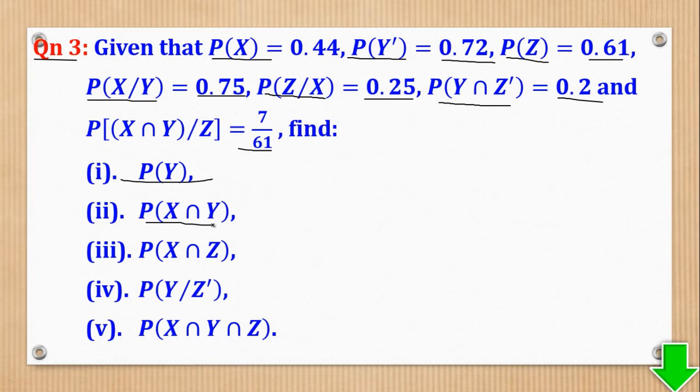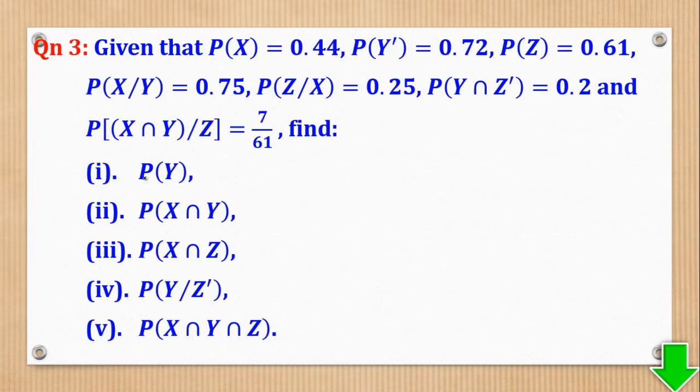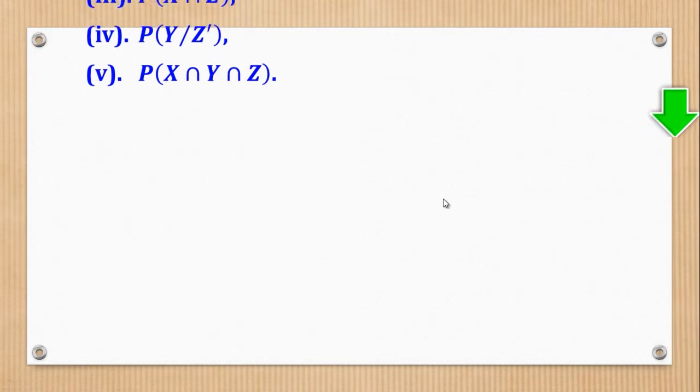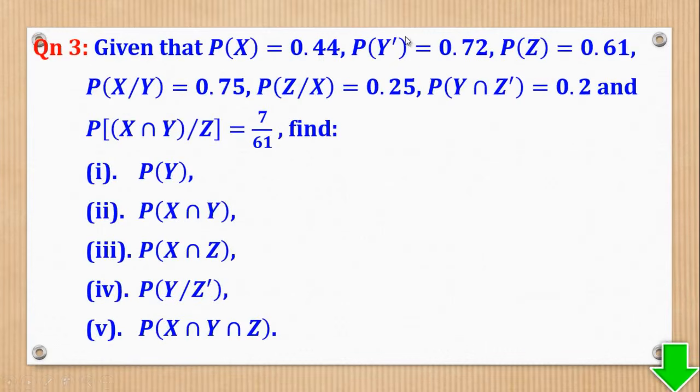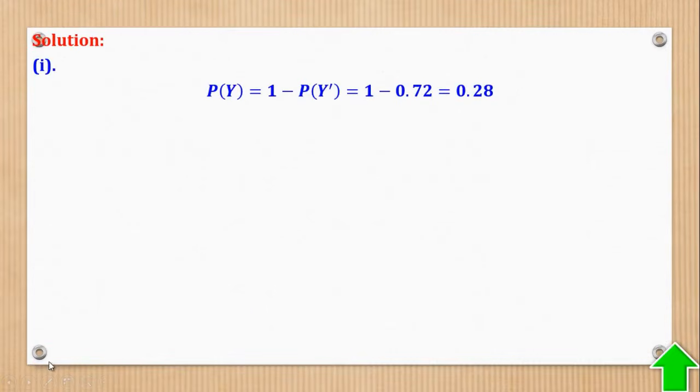Find this, and that. Let's start with Roman 1, probability of Y. We are given probability of Y complement, which is here. Therefore, probability of Y is 1 minus probability of Y complement, which is 0.28.